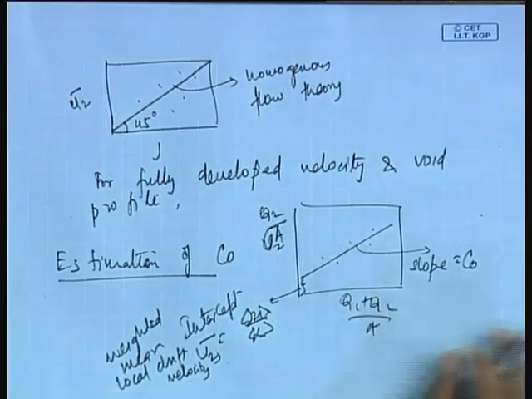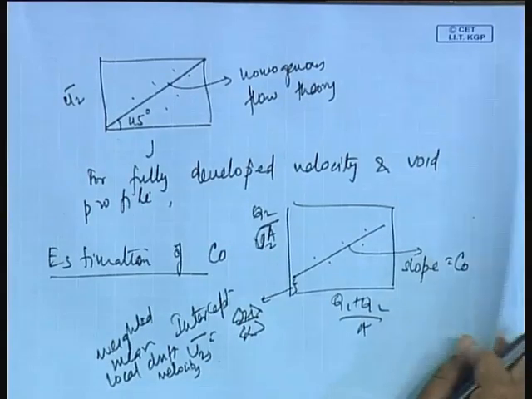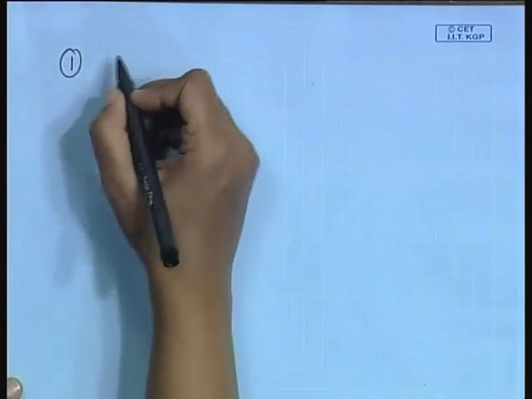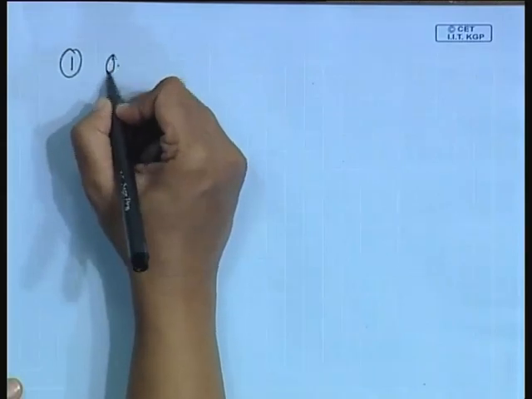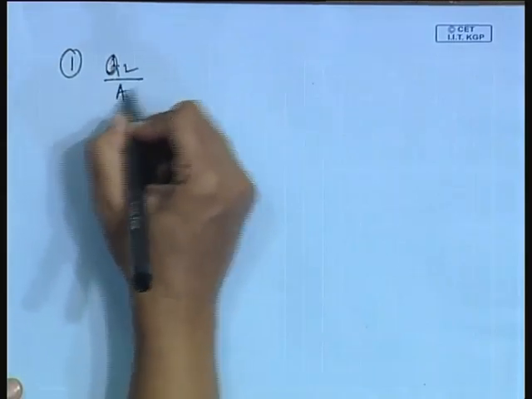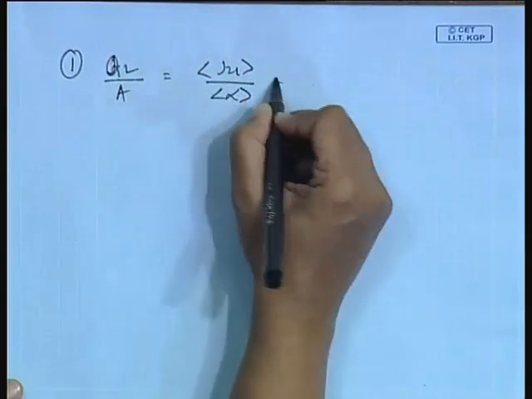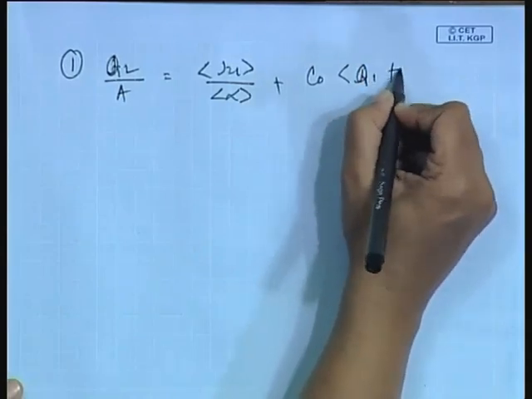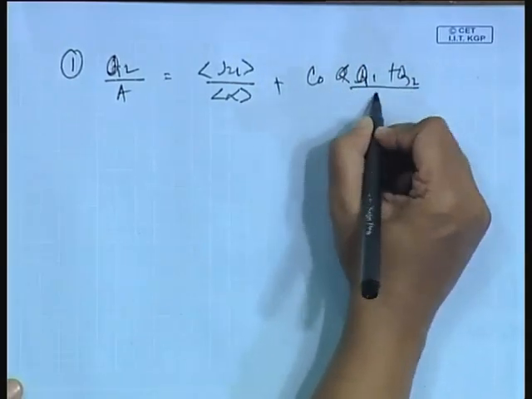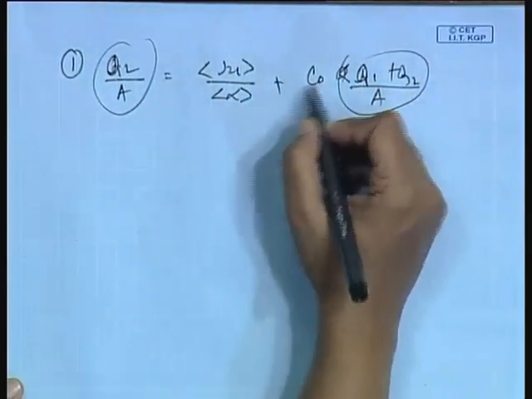But apart from this, there are certain other ways also by which we can find out C0. What are the other ways? If we go to the basic definition of C0, what was the basic definition? So, the ways of finding out C0: one is from this particular equation, where when we plot this versus this, then we can get C0.